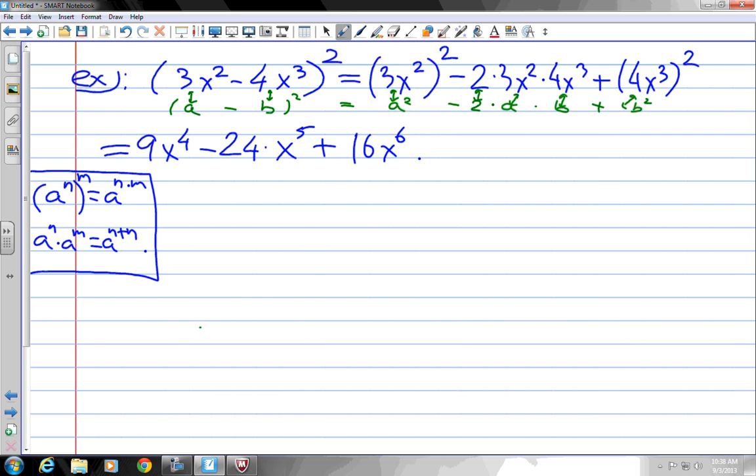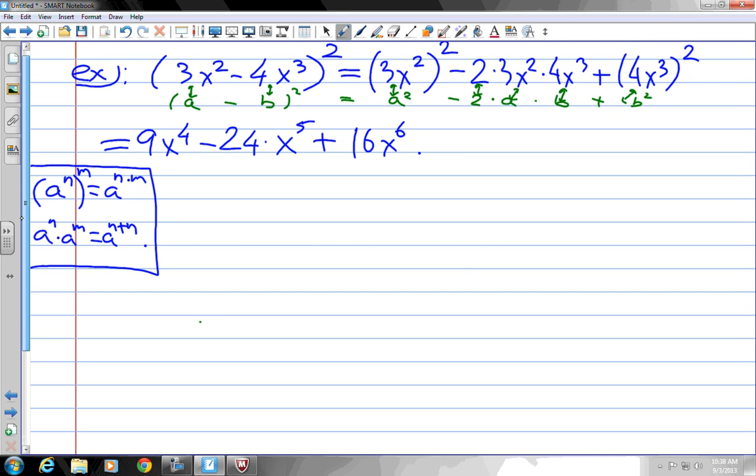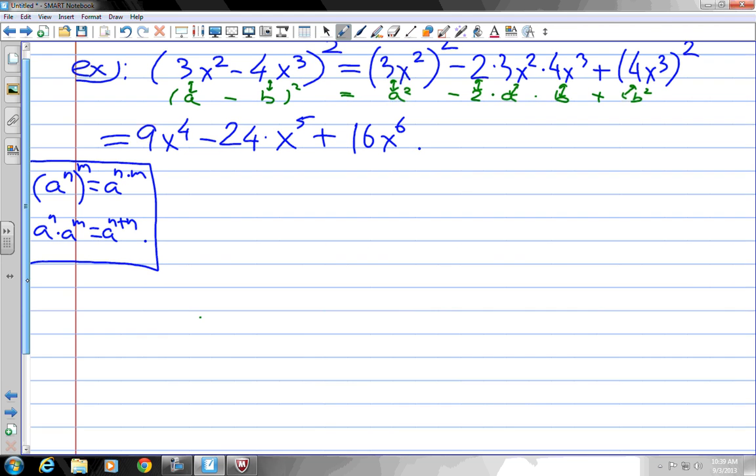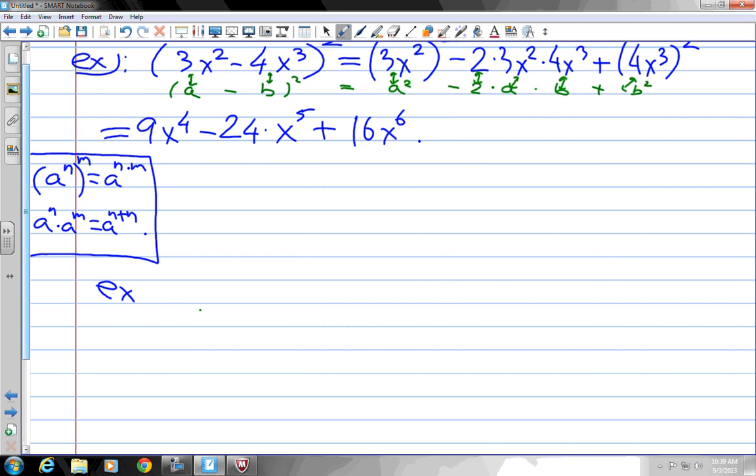Any questions? Good. Let's try this one. Negative 5a minus 4, squared.